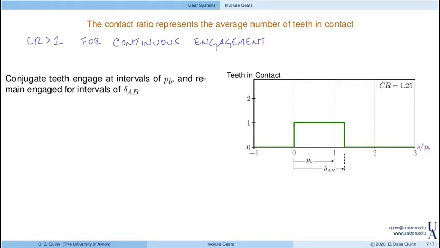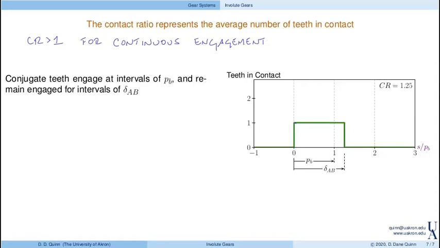Here, I've drawn the number of teeth in contact for a single pair, right? So you can think about, we just have 2 teeth, one on each gear, and they come into contact at 0. So here the horizontal axis is sort of units of the base pitch, right?